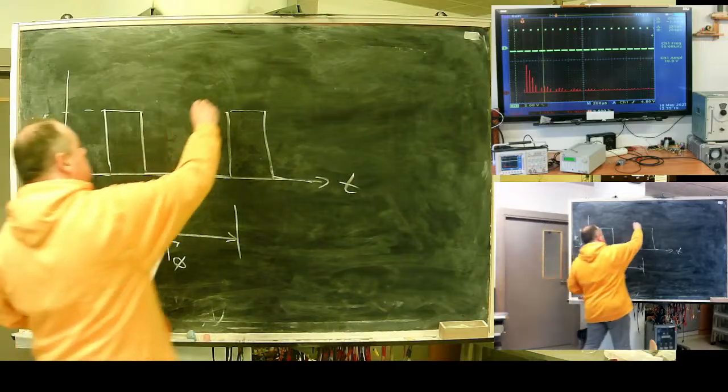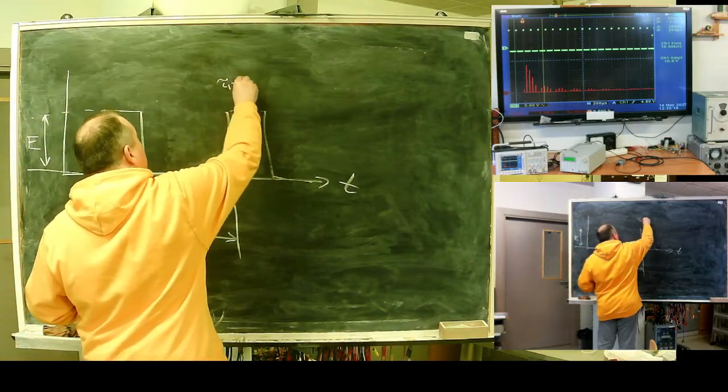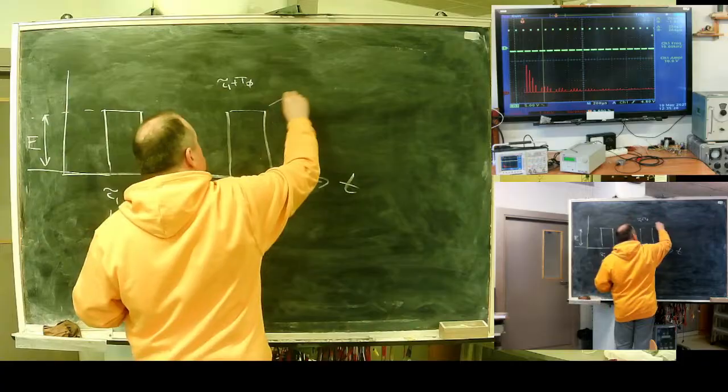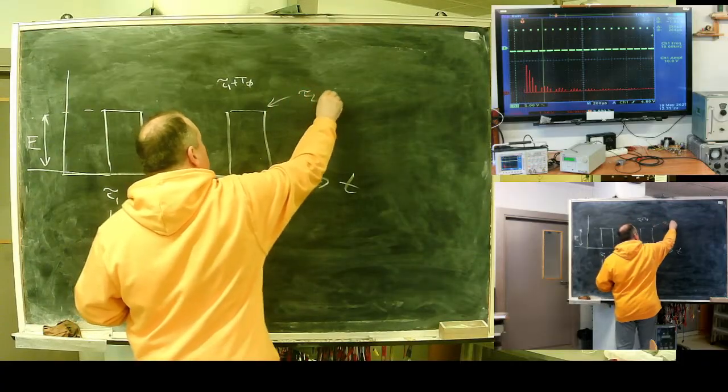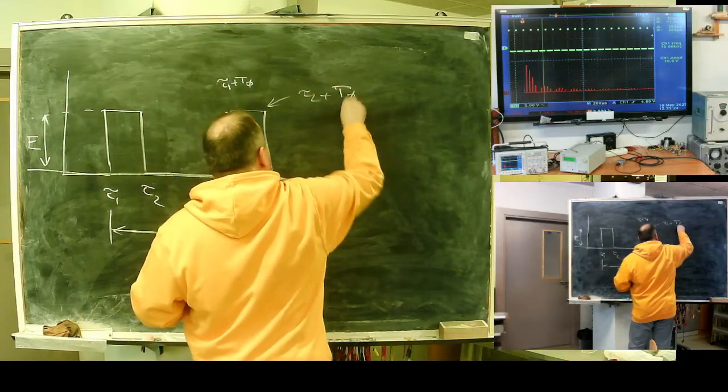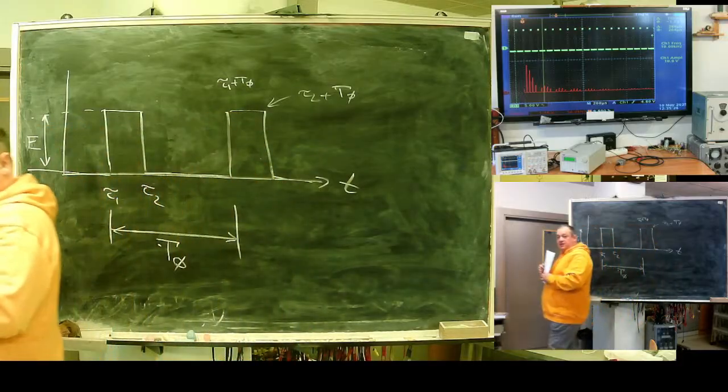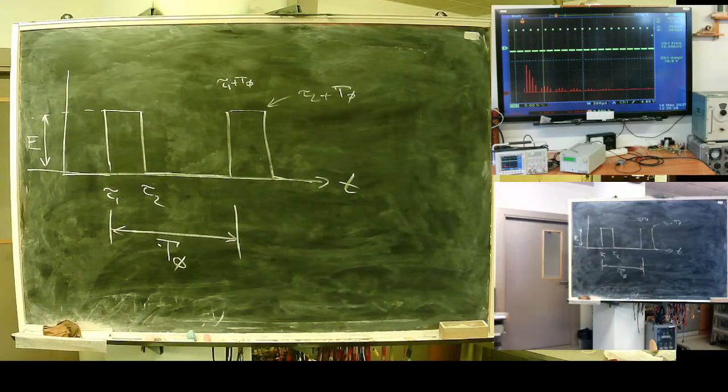This point is tau 1 plus T0, and this point will be tau 2 plus T0. So I have the sequence of pulses.